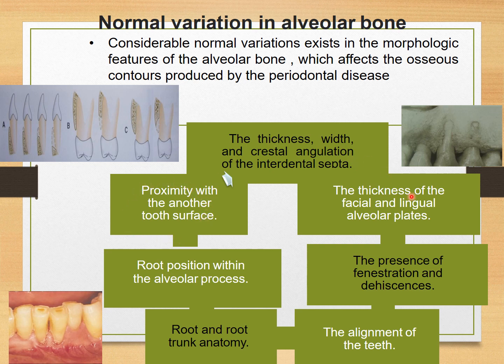So these are some of the factors which might alter the normal morphological features of alveolar bone, which affects the osseous contours produced by the periodontal disease.